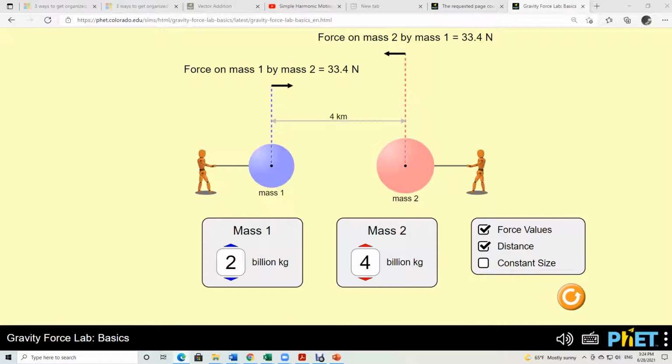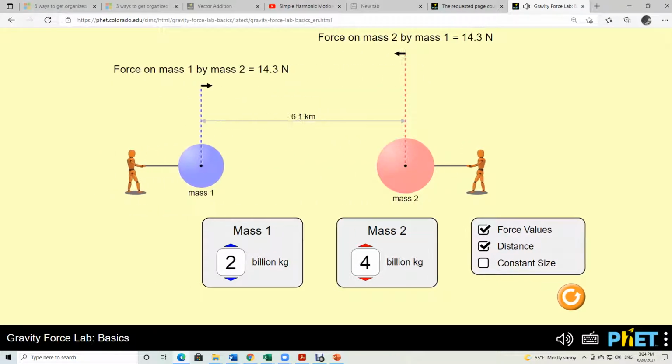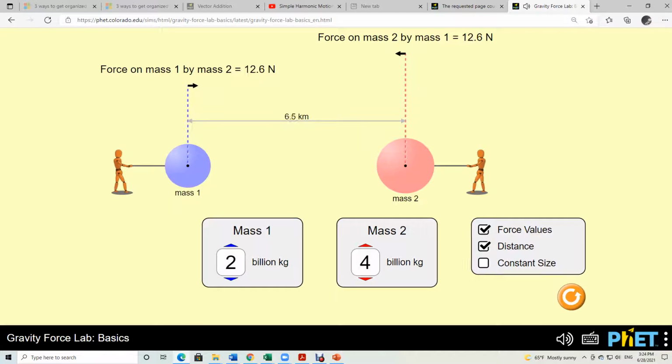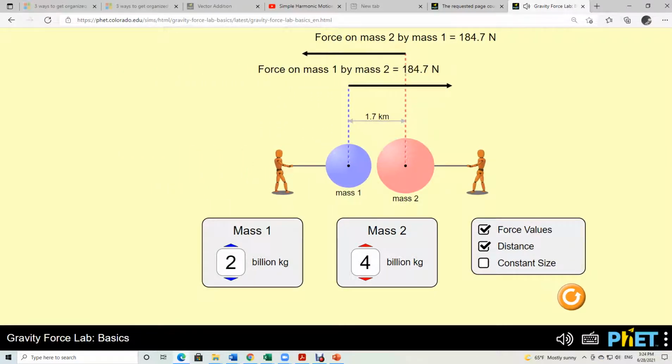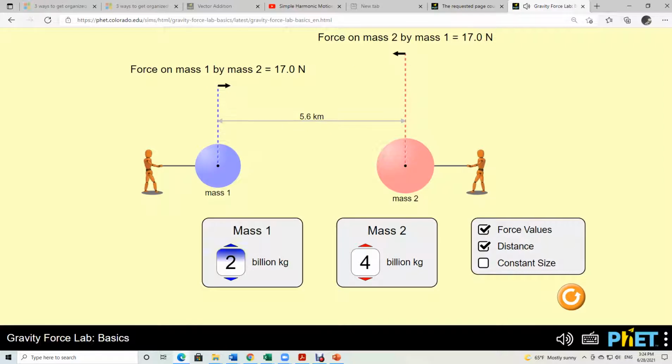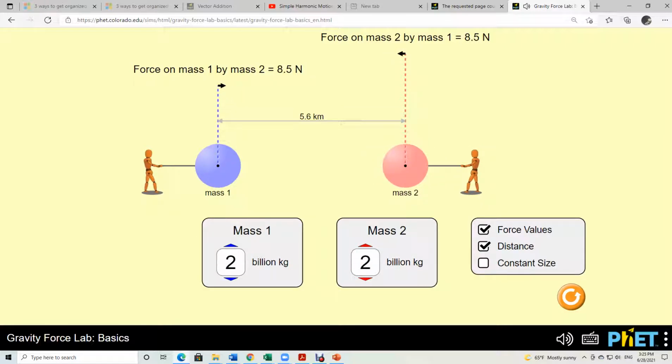Okay? So basically you're going to change the masses that you have right in here. You're also going to change their distances. See that? You can change the masses and the distance, and you're going to measure the force. Okay, that's what we're going to do. Mass can be changed right in here, for the other one too.